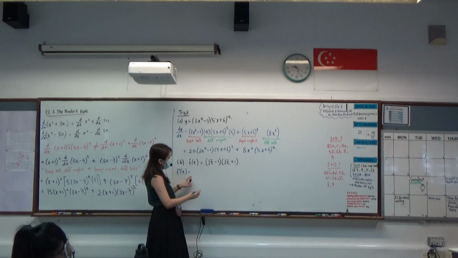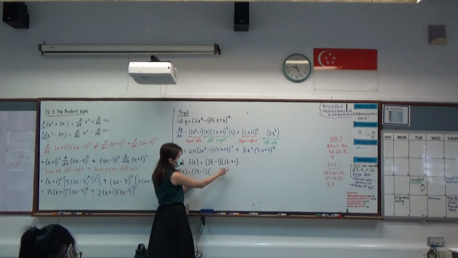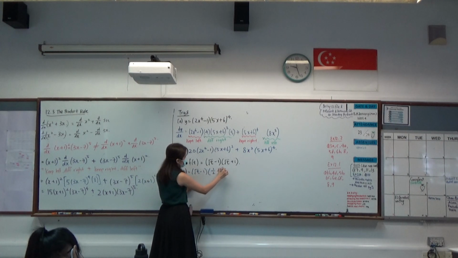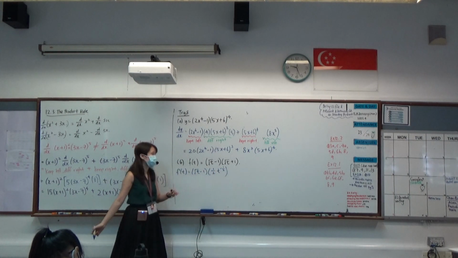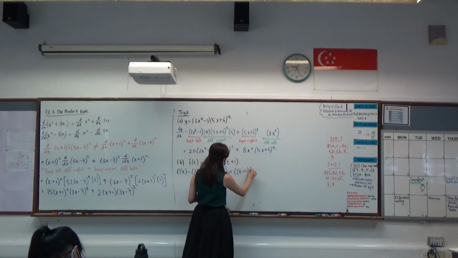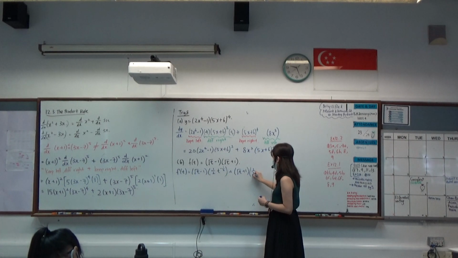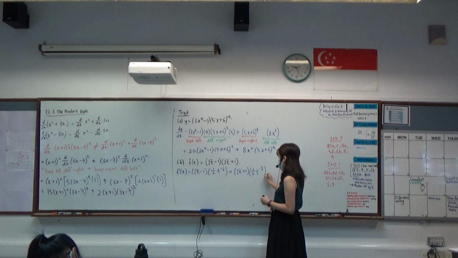If I use product rule, keep left, differentiate the right, I will get half t to the power negative half. Plus, keeping the right, I will get half t to the power negative half again.